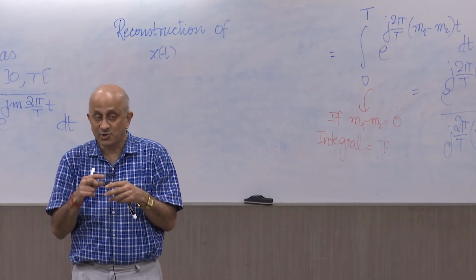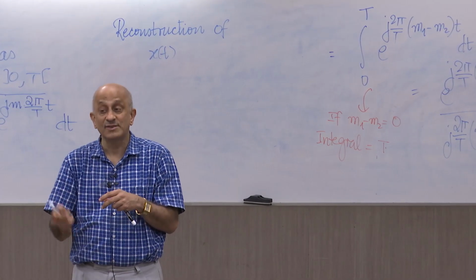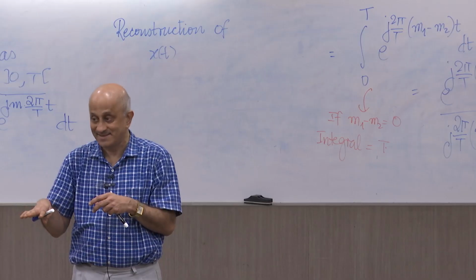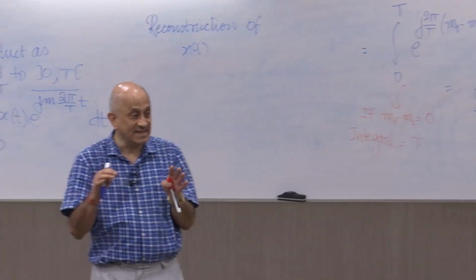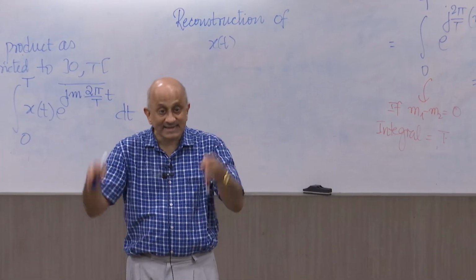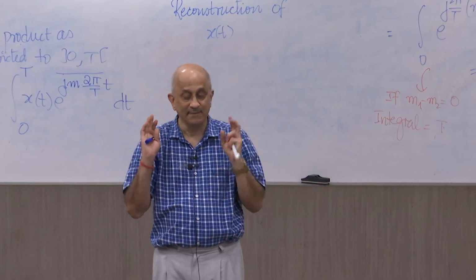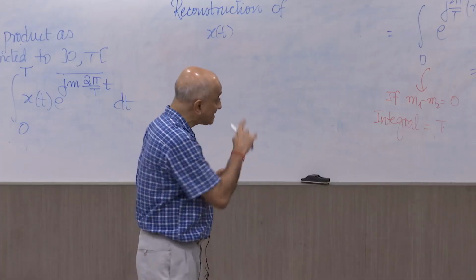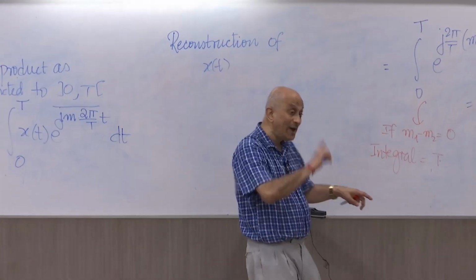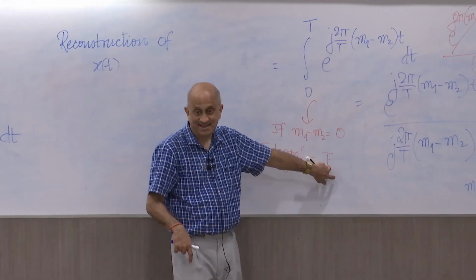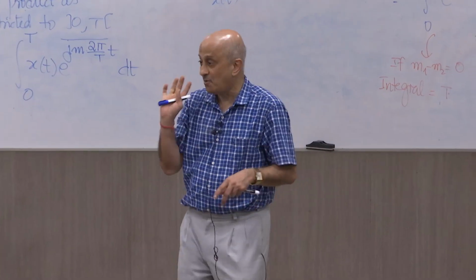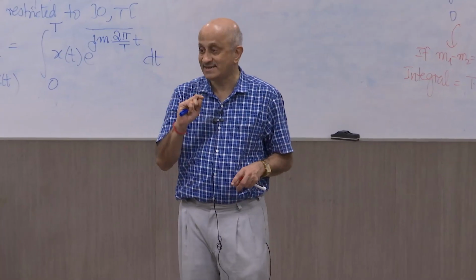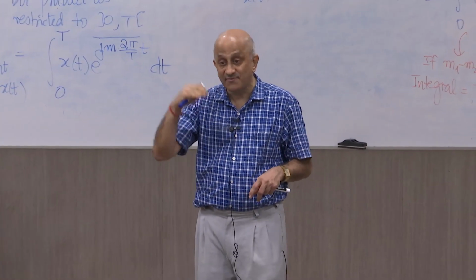So when you take the dot product of a vector with itself, it gives you the squared magnitude. V dot v is the magnitude of v squared, okay? So the magnitude of each of these vectors squared is T. If I want to normalize the vector, that means make it unit norm, what should you do?